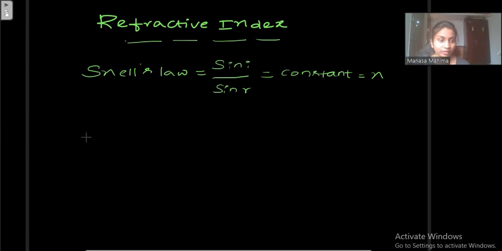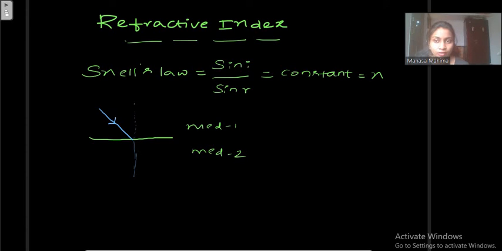See, if I want to represent refraction diagrammatically, how can I do it? This is medium 1 and this is medium 2, correct? When a light ray enters and falls on medium 1, what happens when it travels from medium 1 to medium 2?